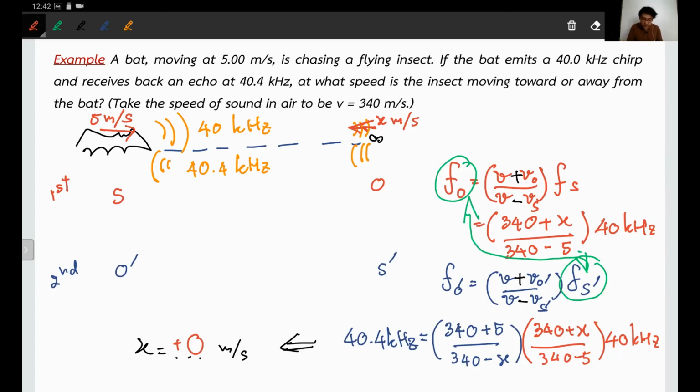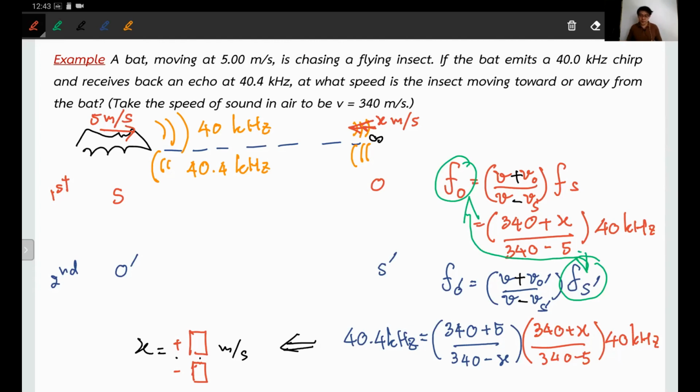On the other hand, if you solve this equation and you get a negative value for x, that's okay. It just means that the insect is flying away from the bat. See, so that's good. The sign will take care of the direction of the velocity of the insect automatically.